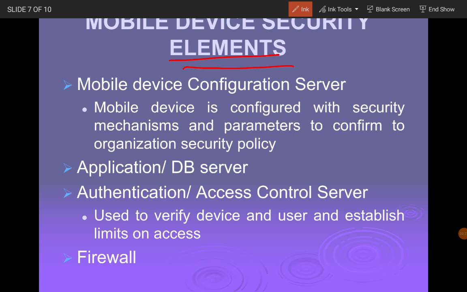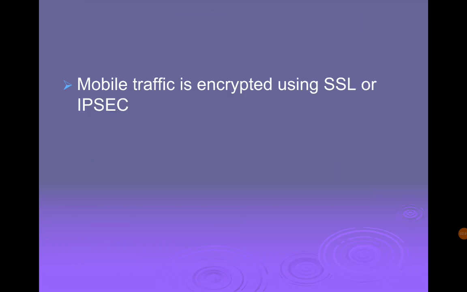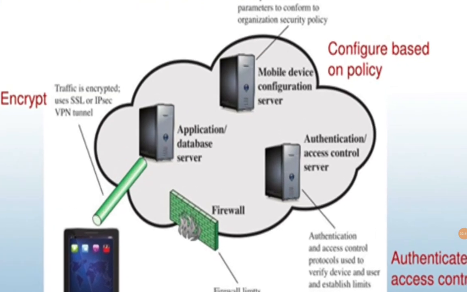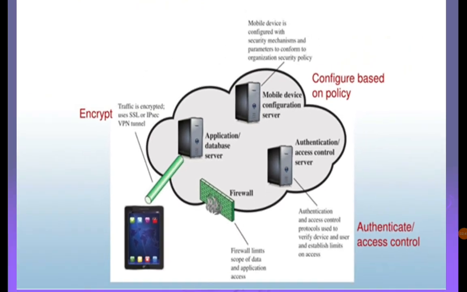And now we move on to the elements behind mobile device security. The basic elements are the mobile device configuration server, application or database server, authentication or access control server, and the firewall. That is, we have 4 main elements in mobile device security.